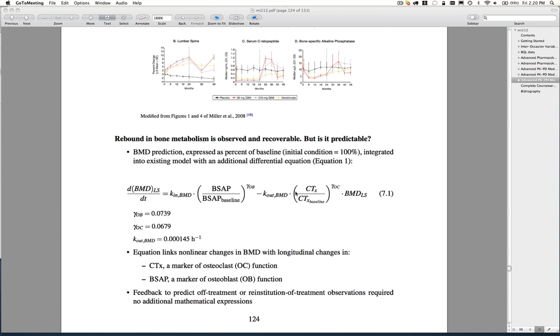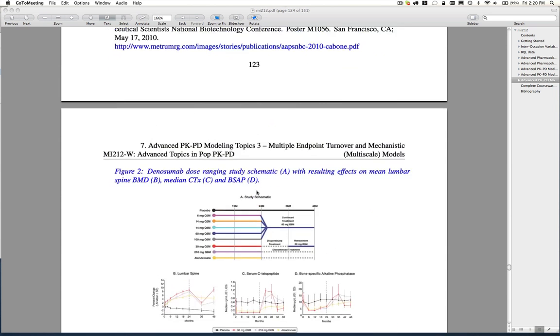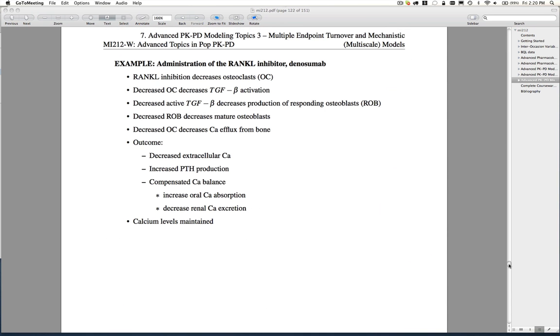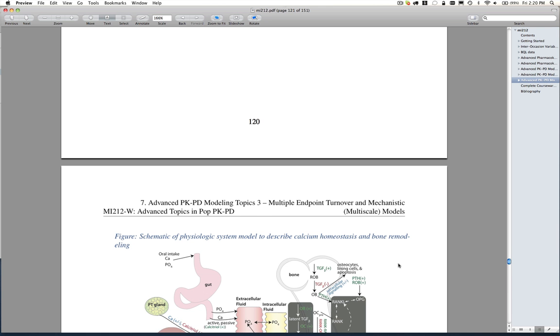And the amount of bone that is resorbed or chewed up is a function of osteoclast activity. The marker for osteoclast activity in this case is the serum C-telopeptide, or CTX. So these bone markers are what's described within the broader model. Let me just go back up and grab the schematic here.